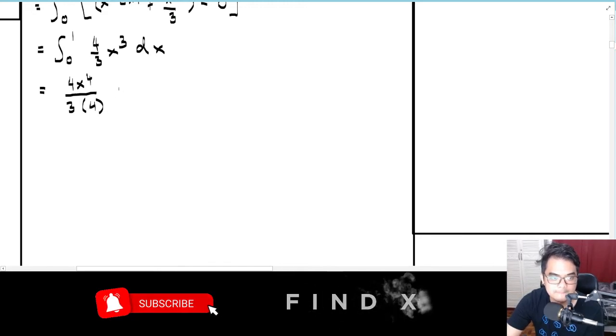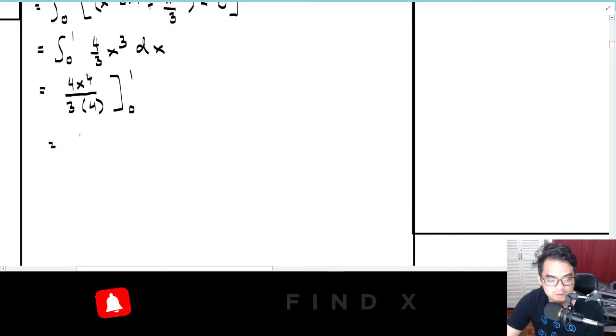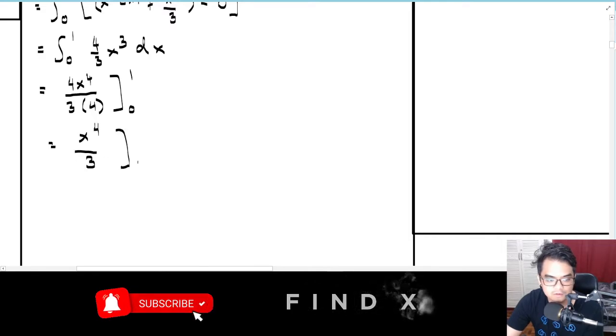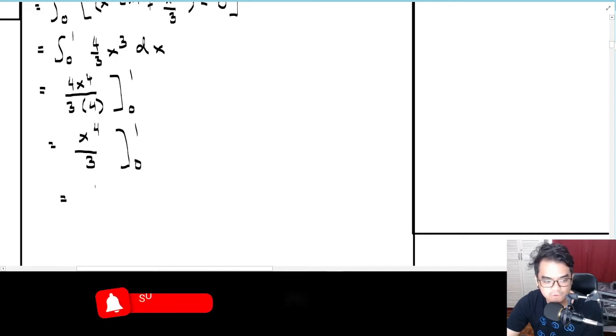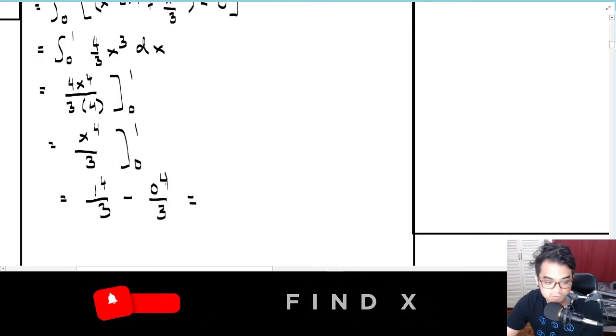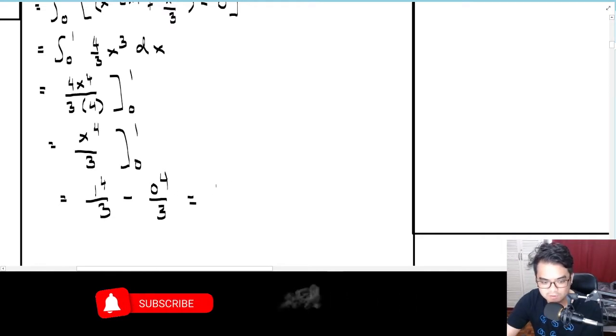The limits are from 0 to 1, and you can cancel out the 4, so you'll be left with x to the 4 over 3. Substituting the value of 1, you'll have 1 raised to 4 over 3 minus 0 raised to 4 over 3. The second one will just be 0. Then the final answer is just 1/3.